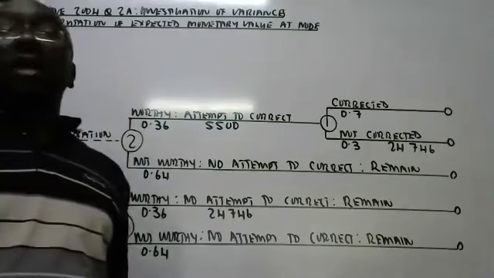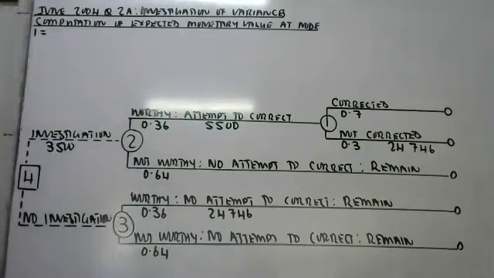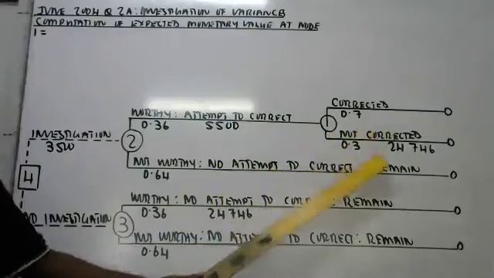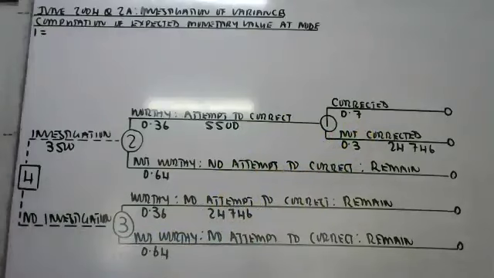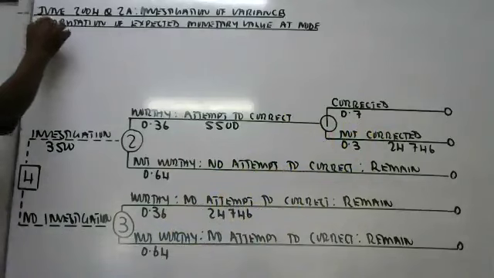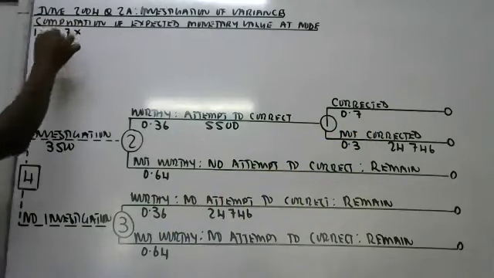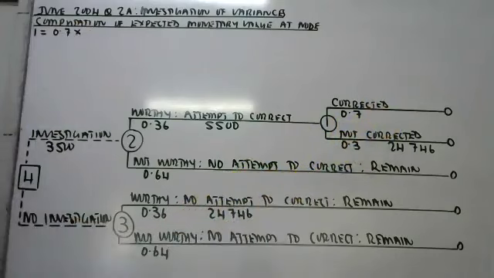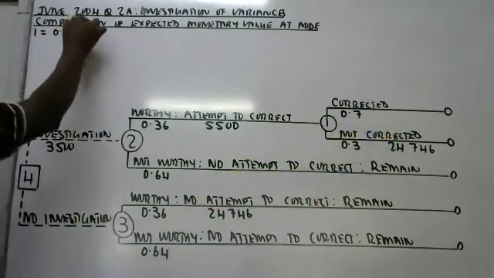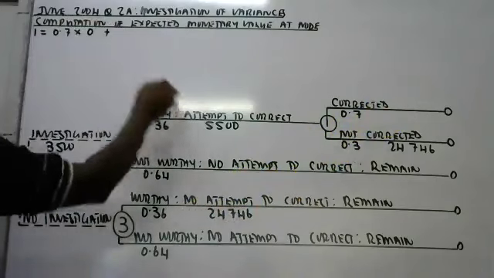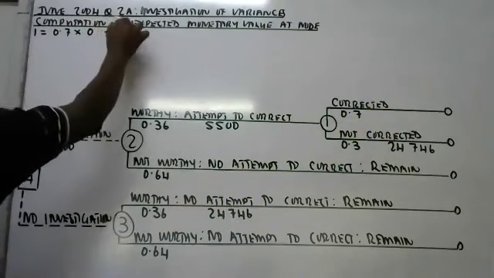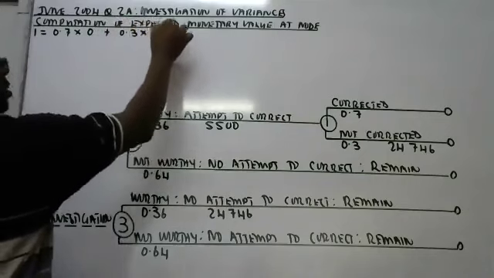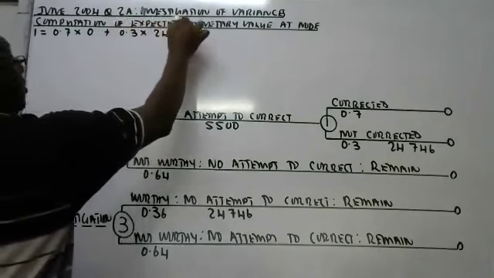So at node 1, when you come to node 1, you can see the lines that are going out here, they are complete. So what we do, we take 0.7, multiply by the costs. Now this one does not have a cost. The cost is 0, plus 0.3 multiplied by the cost of 24,746.